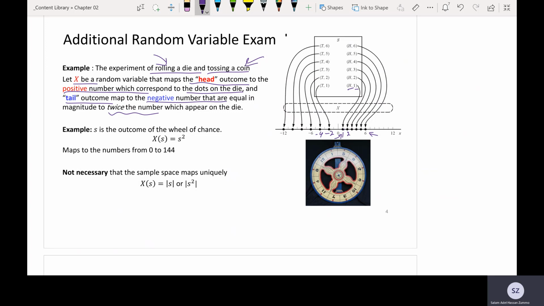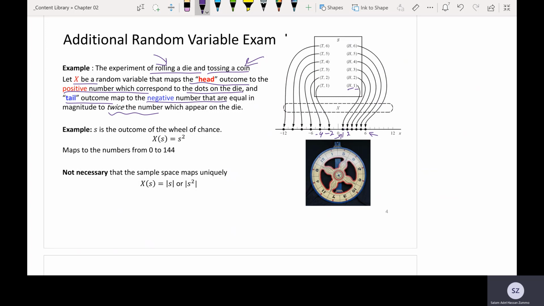So I can define the random variable as 1 if you are above average, and 0 if it is below average. 1 means pass, 0 means fail. Not necessarily. 1 means probably good performance, 0 means a little bit below average performance, and so on.